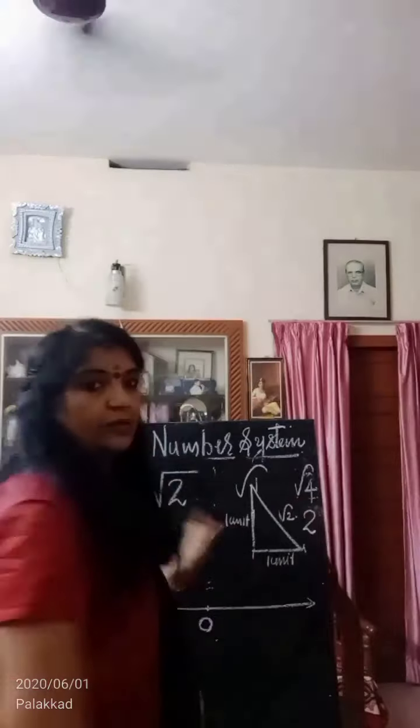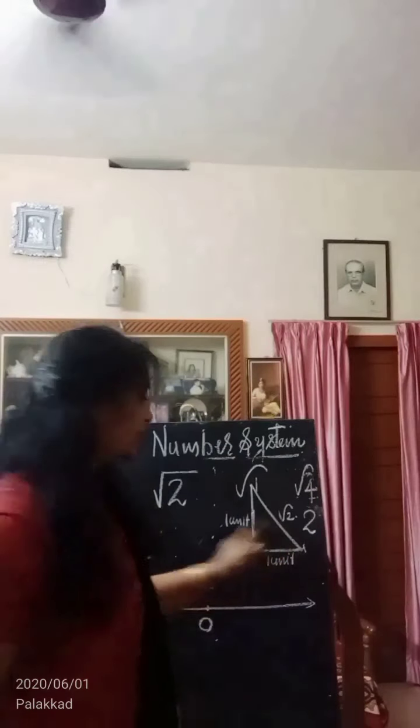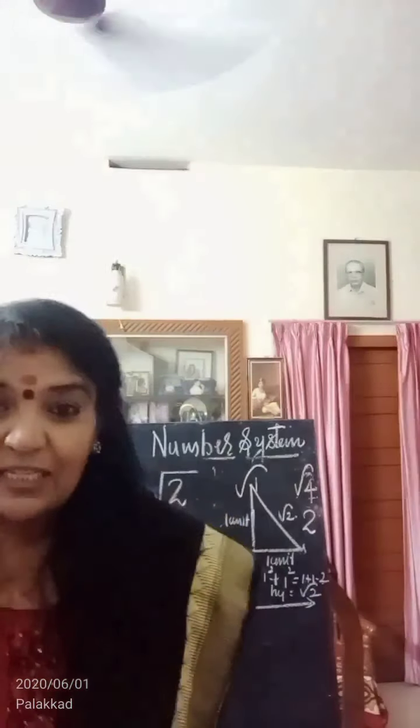So hypotenuse square is 2, and the hypotenuse equals square root 2. That is why I connected this number to Pythagoras, because using the Pythagoras theorem we can represent it.